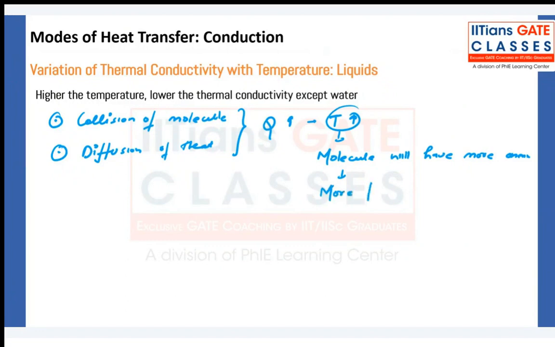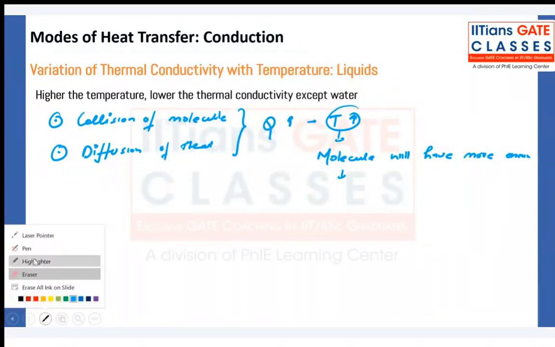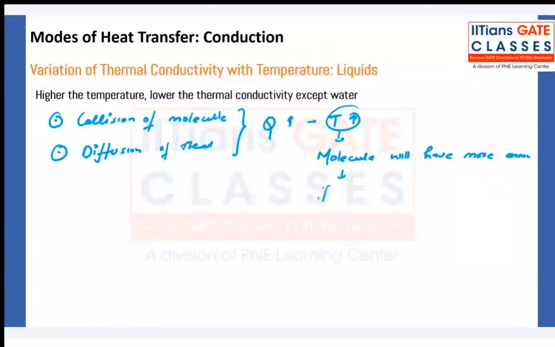Let me write faster collisions. Yeah, more number of collisions. So they will collide with each other very frequently because now they have a higher energy state. So they are colliding like anything with each other. Okay, faster collisions, that means more number of collisions.